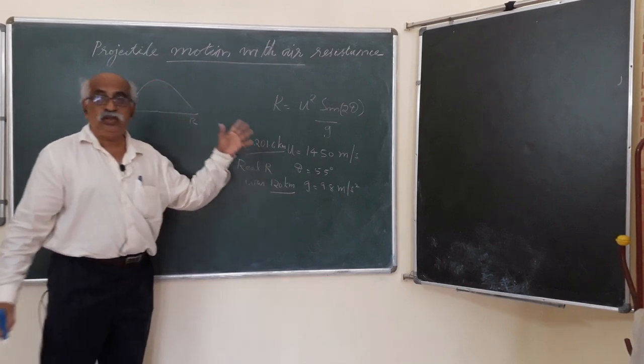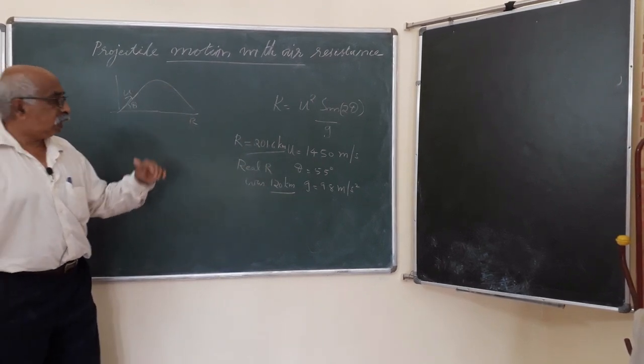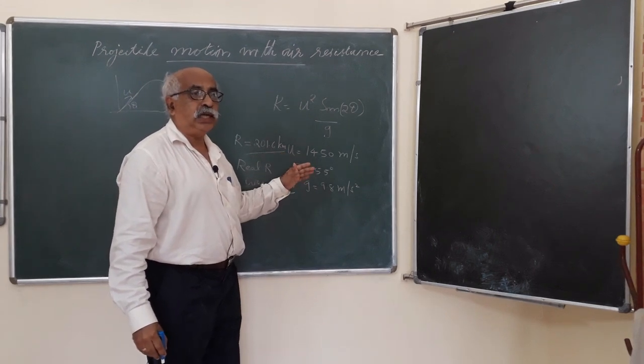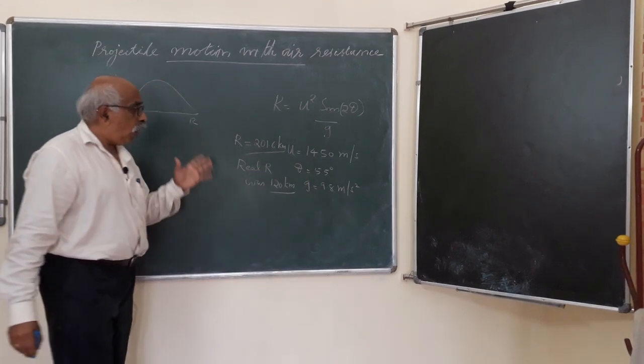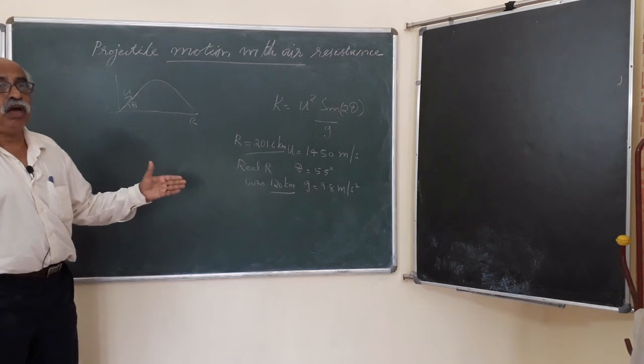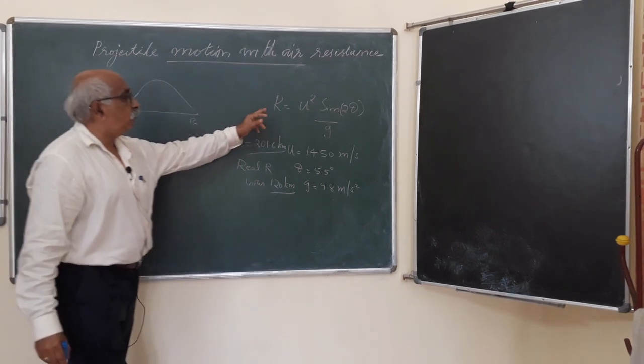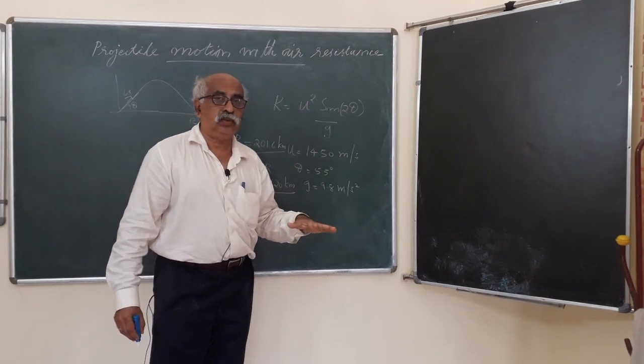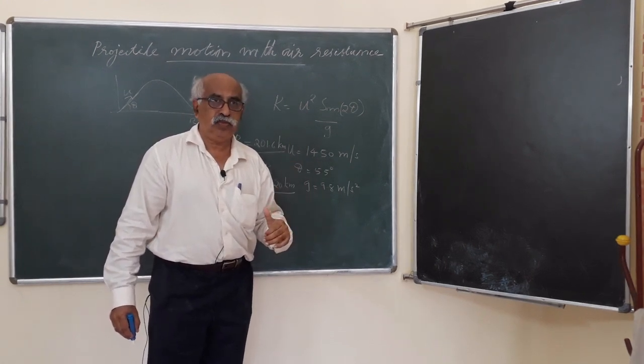This is a huge difference between the calculated value and the value realized in actual practice. Why is there a difference like that? Because our derivation of R was carried out without taking into account air resistance.